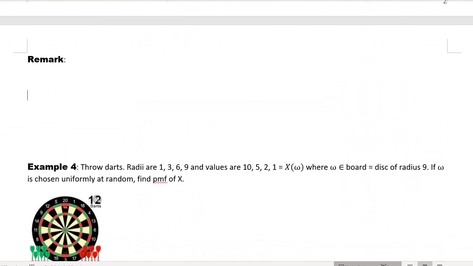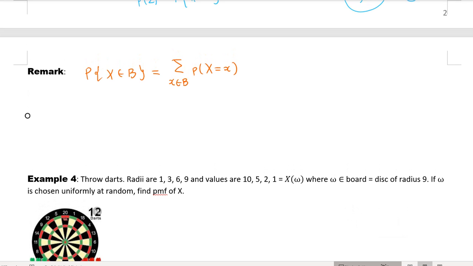Alright, a couple of remarks. The probability of X in a set B, an event B, is the sum over x in B of P(X equals x). So the x's are the outcomes in B, and also we need x in the range of the random variable.